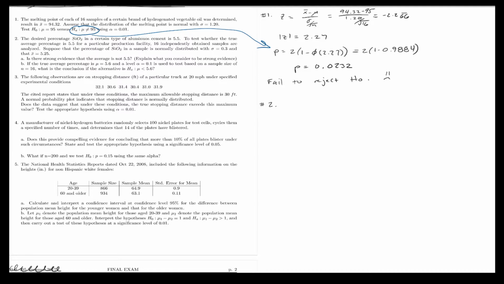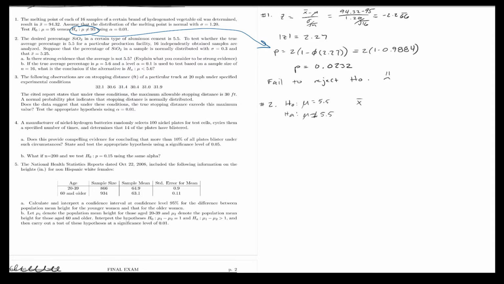All right, so we've got H0. We'll do a hypothesis test here. Mu equals 5.5. The alternative, based on their wording, is there strong evidence that the average is not 5.5? So we'll say mu is not 5.5, meaning we'll multiply by 2.